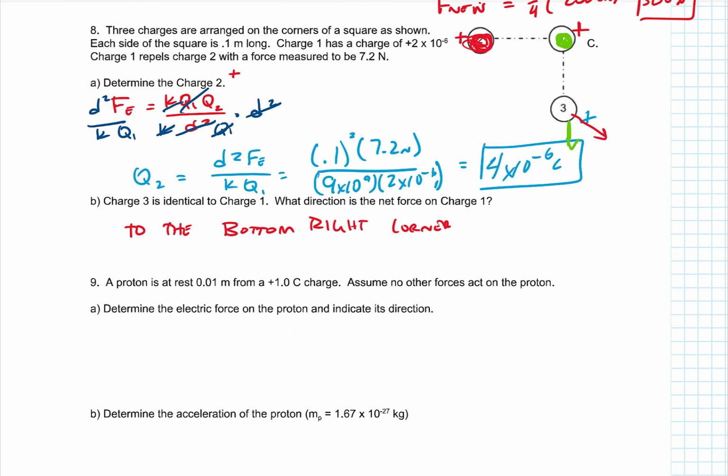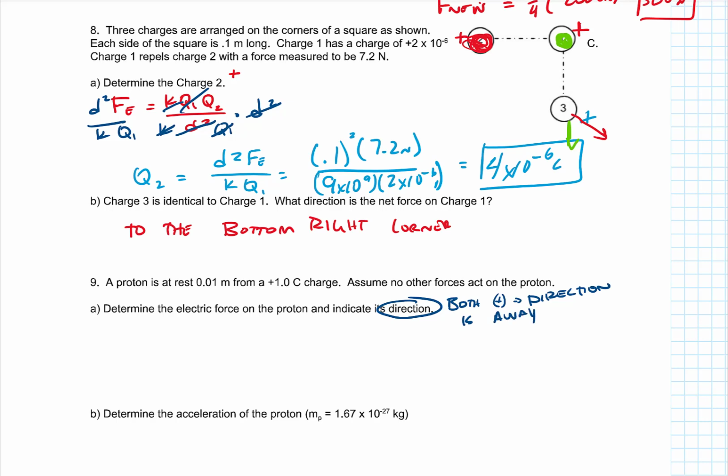So we want to determine the electric force on our proton and indicate its direction. The direction, because they're both positive, is going to be away. They are repelled by each other.